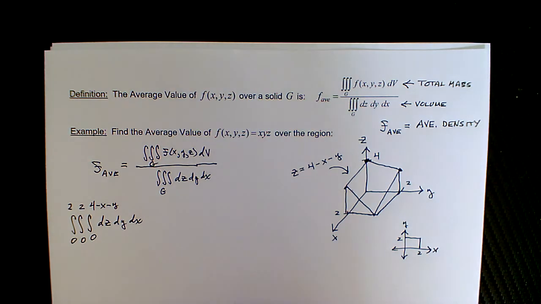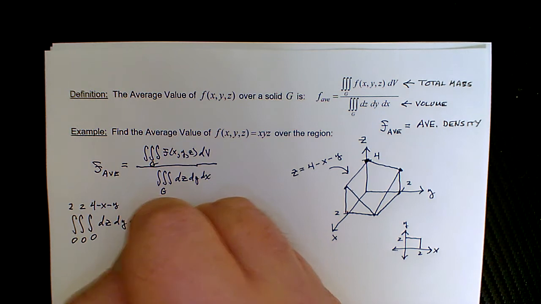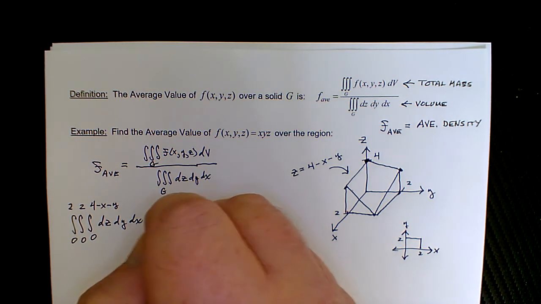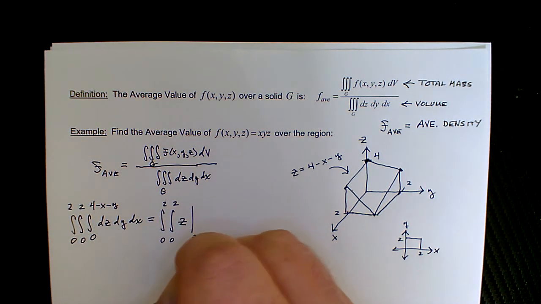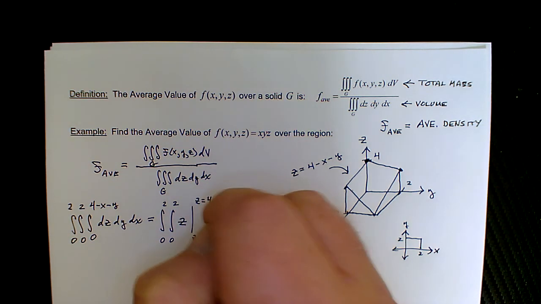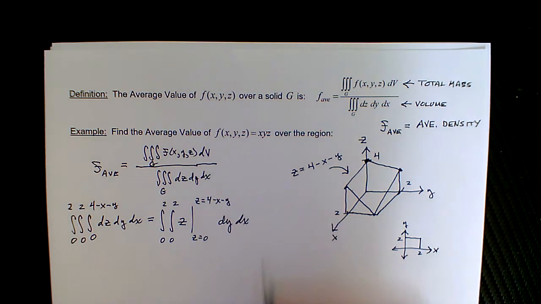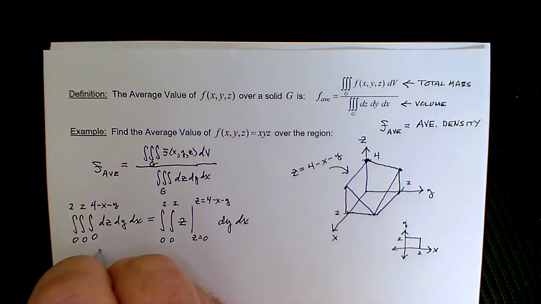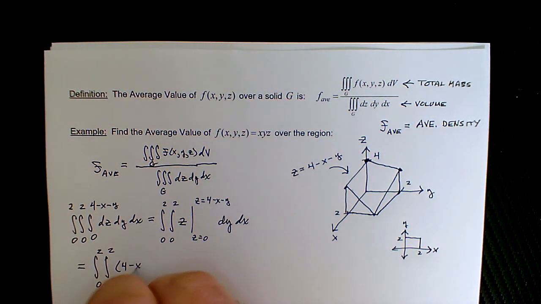Okay, so then we do the calculus here. Integral 0 to 2, integral 0 to 2. We get z evaluated from z equaling 0 to 4 minus x minus y, dy dx. Upper limit goes in, but then minus lower limit of 0, not necessary.